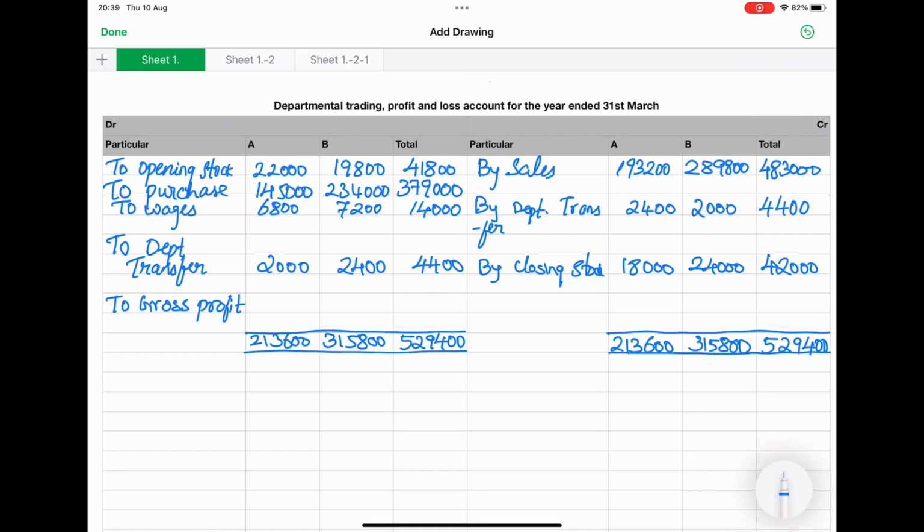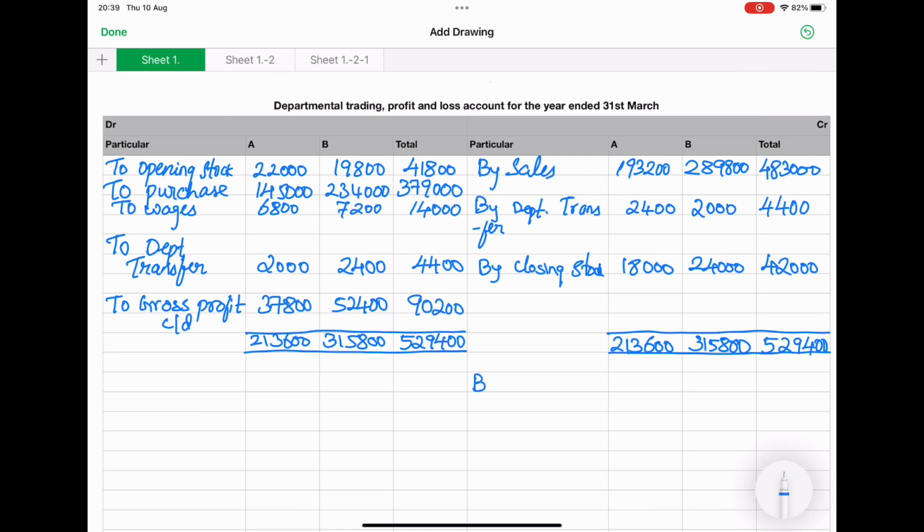So the balancing figure will be considered as gross profit. How much gross profit are we going to get? Minus all these expenditures from the total. We are going to get 37,800 and 52,400. Total will be 90,200. Gross profit carried down.